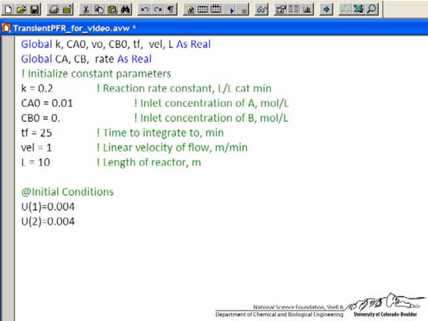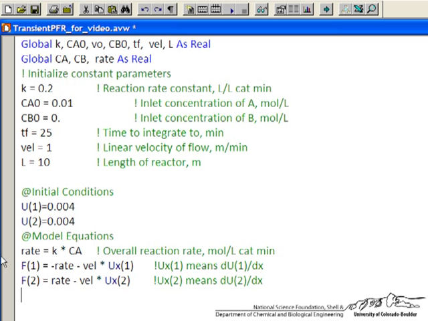So the next step is to hit F11 again. Now it's going to ask me for the equations that I want to put into the reactor. So I define rate as K times Ca, so I don't have to retype it each time. And now F1.